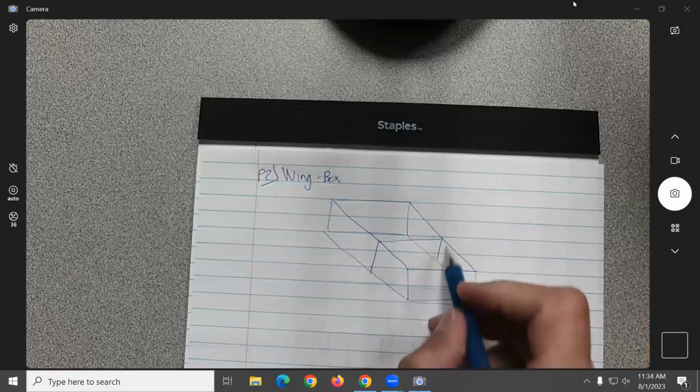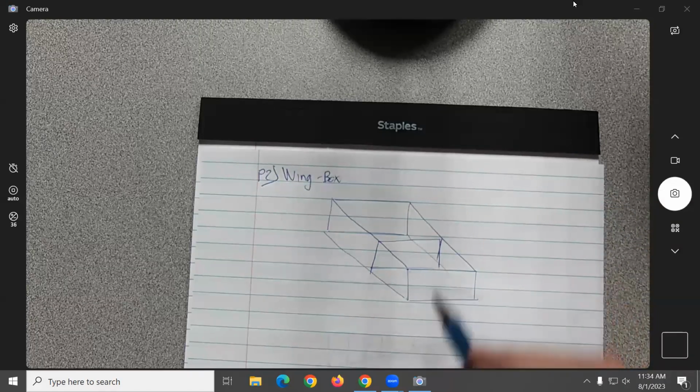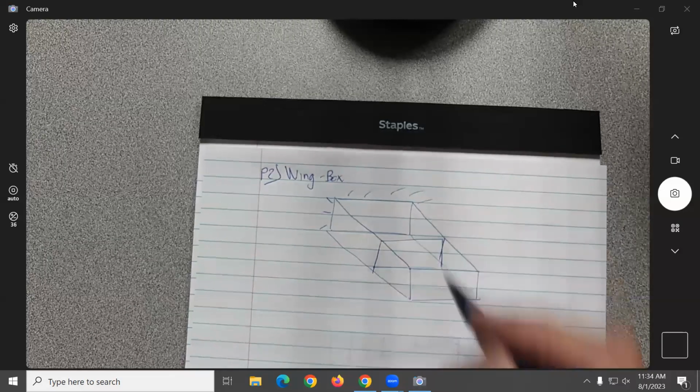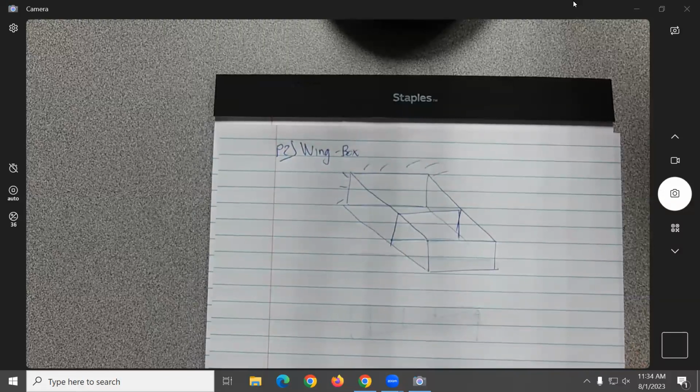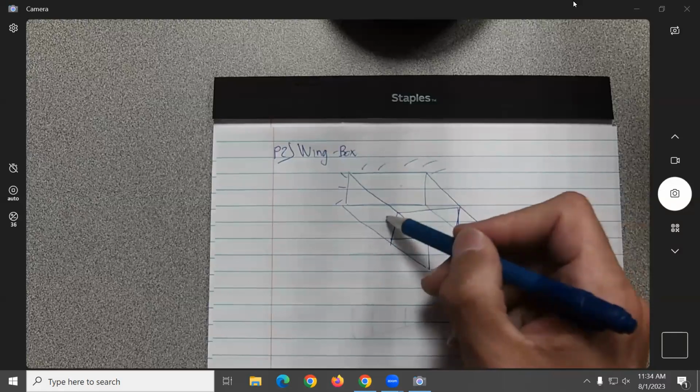Remember the ones of the wing box over here, where this is clamped and basically you remove one panel. I think we have done removing the top panel or the lower panel, is that correct?